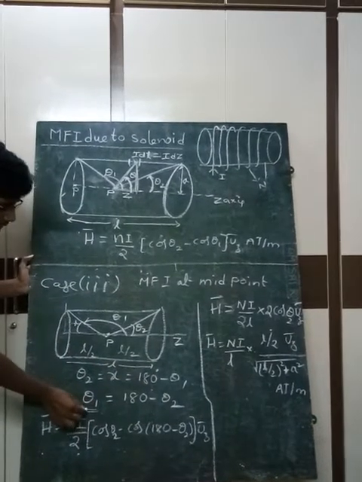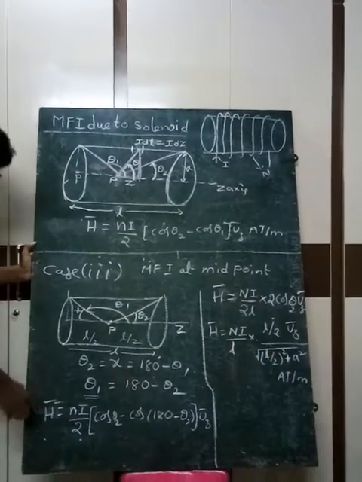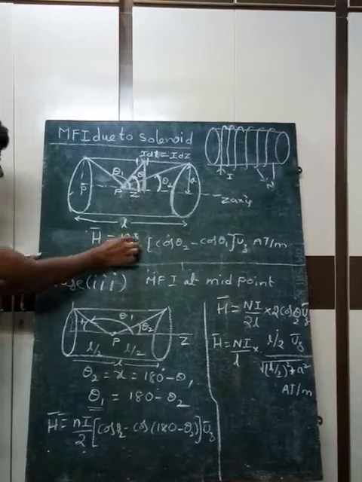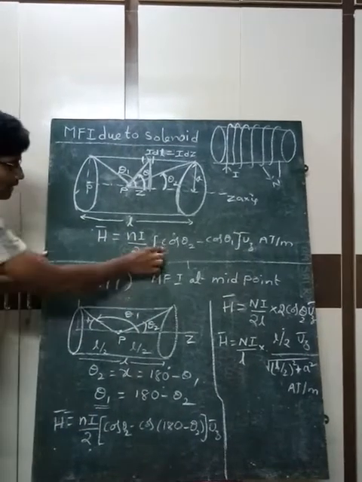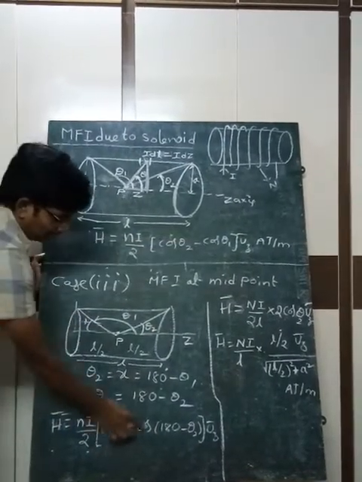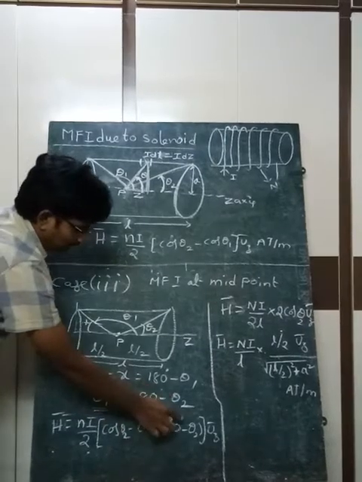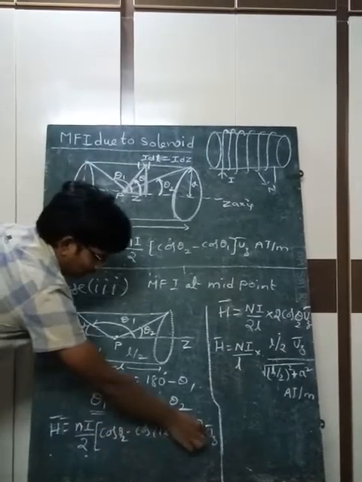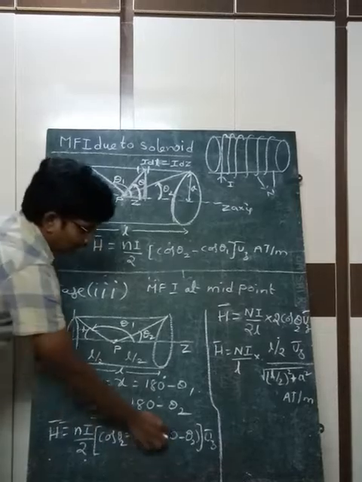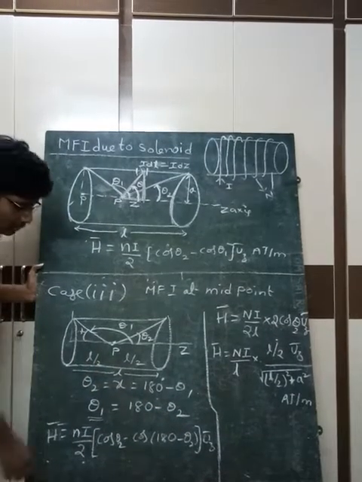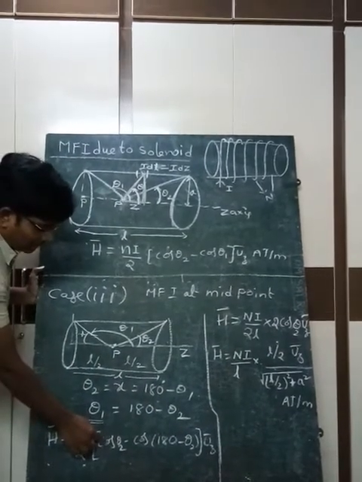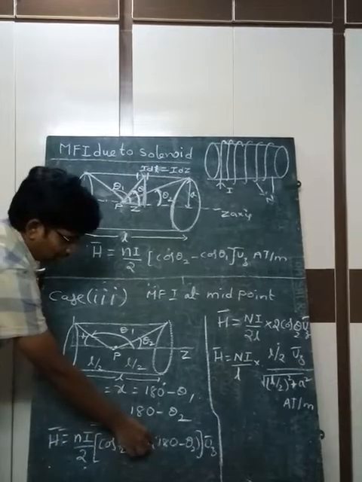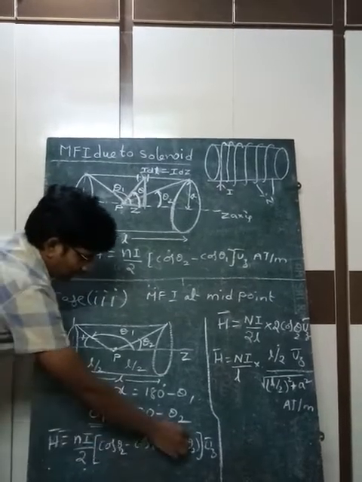So substitute this theta 1 in the actual equation, then H bar is equal to n into I by 2 into cos theta 2 minus cos of 180 minus theta 2, into uz bar. And here cos of 180 minus theta 2 means minus cos theta 2. So cos theta 2 minus of minus, that is plus cos theta 2. That means we get 2 into cos theta 2 here.